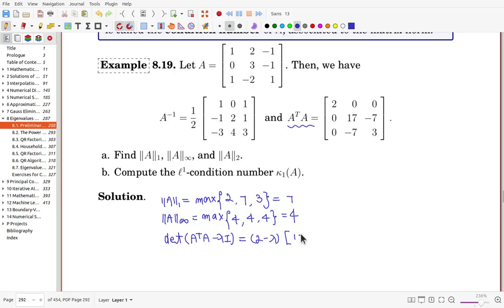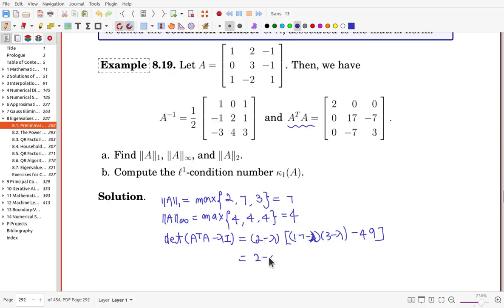Yeah, 17 minus lambda, and here 3 minus lambda, and minus 7 times 7 is 49. That is the characteristic equation.